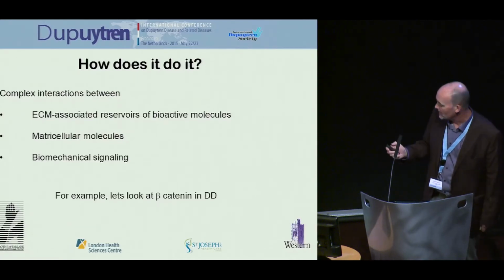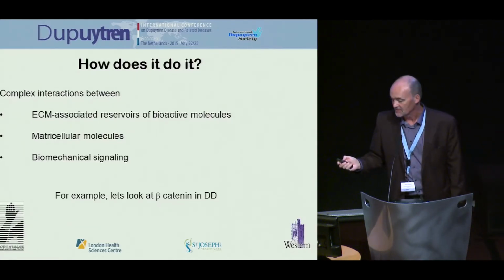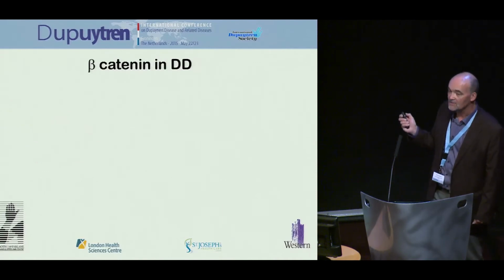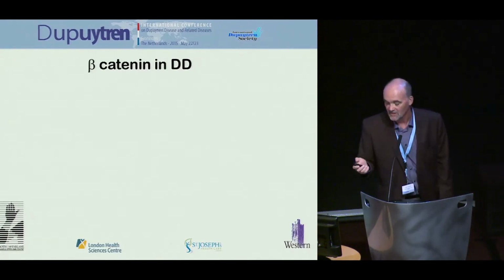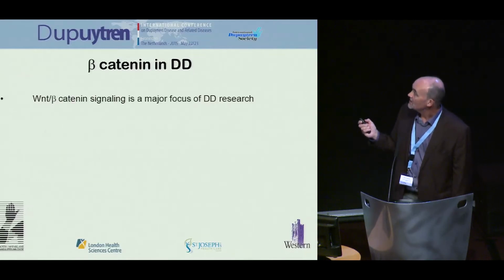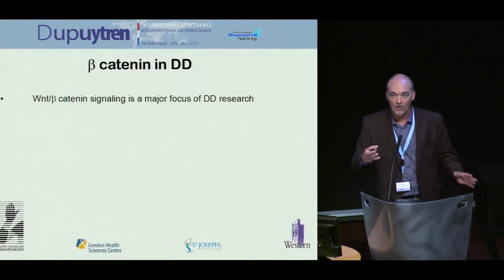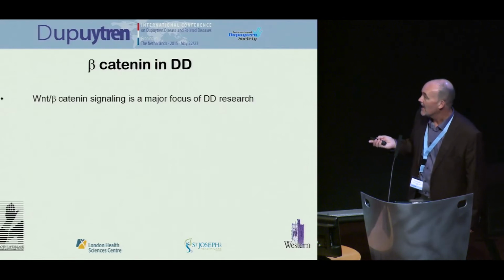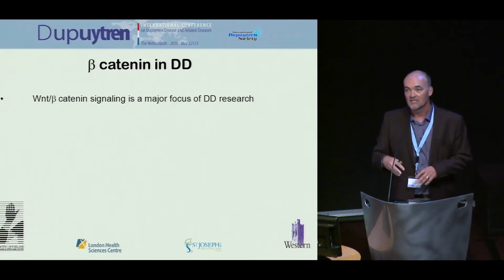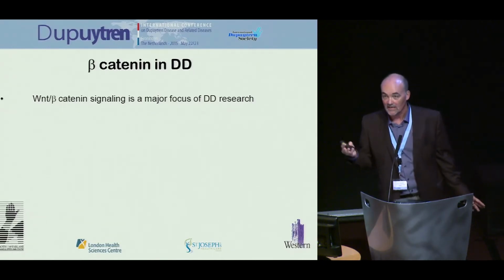For example, let's have a quick look at beta-catenin in Dupuytren's disease. Now, beta-catenin has become very topical in this disease, and there's good reason for that. Beta-catenin is, of course, a major component of the canonical Wnt signaling pathway. Our group was the first to identify beta-catenin as an upregulated molecule in this disease.